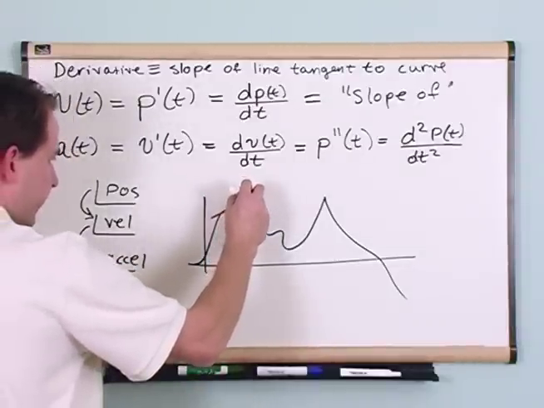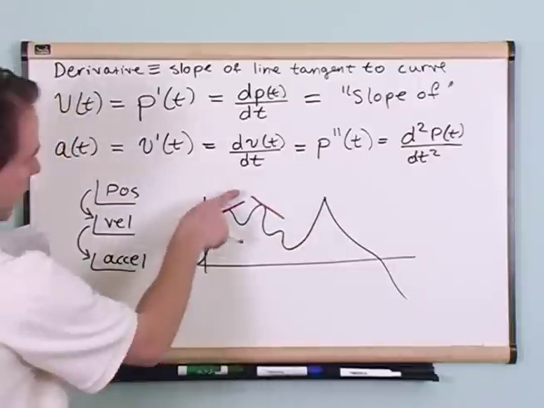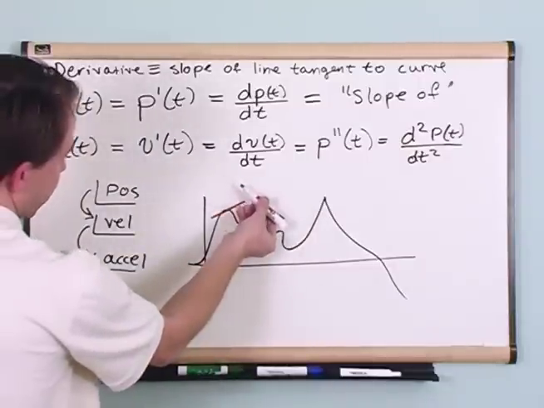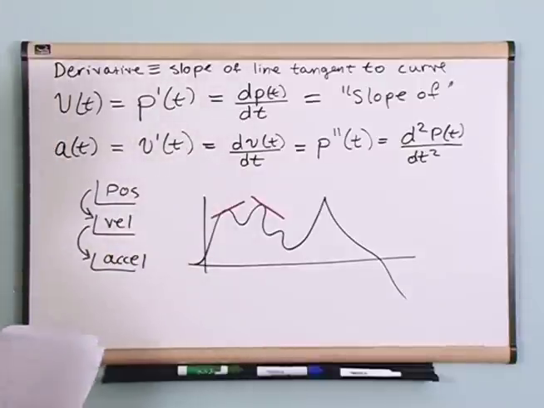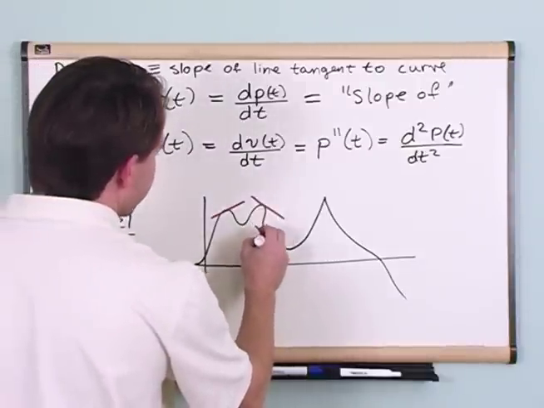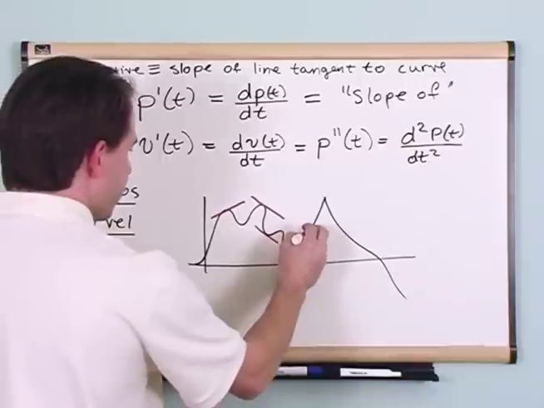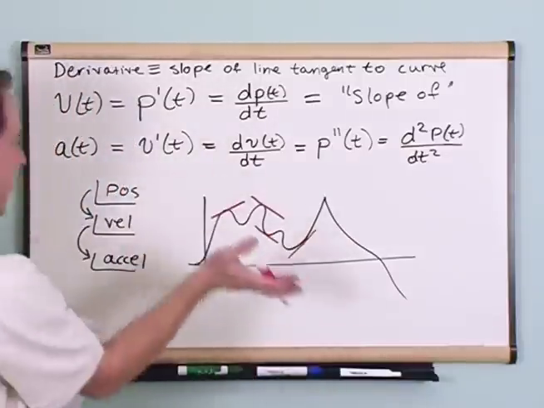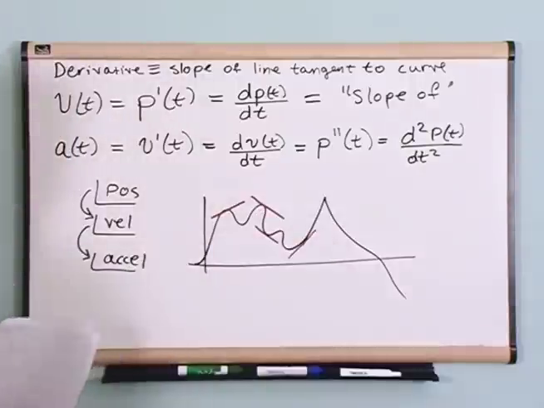If I'm looking at this in this instant, the slope looks something like this, the slope of the line tangent to this curve, which is a negative slope because it's going the other way, right? So that's another value of slope. And so at every point, you've got a value of the slope based on the line tangent to this curve, okay? So it's changing constantly as you go up and down, the slope is changing.